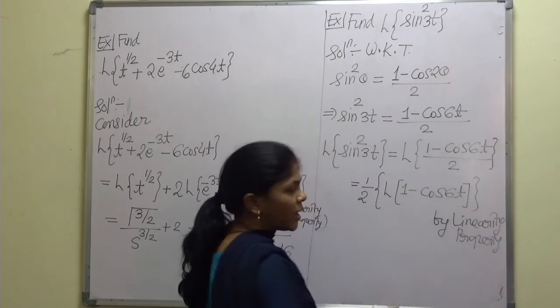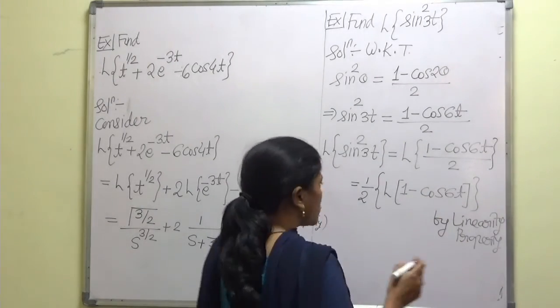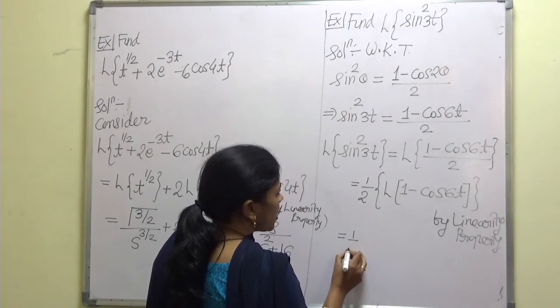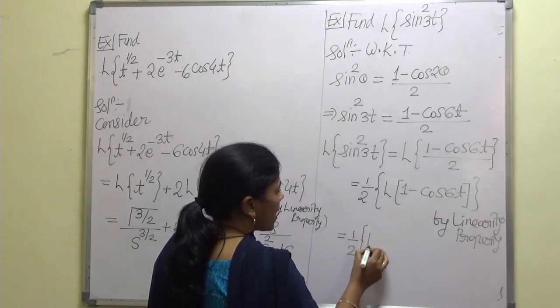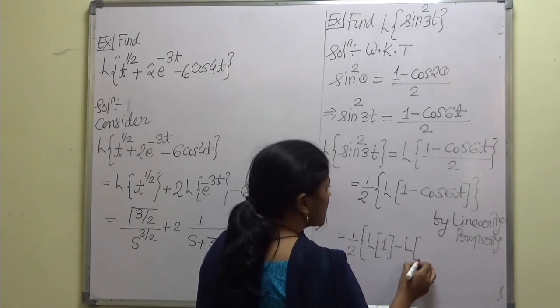Again, here I am finding two different terms in subtraction. So, again apply linearity property. So, we have 1 by 2 times Laplace of 1 minus Laplace of cos 6t.